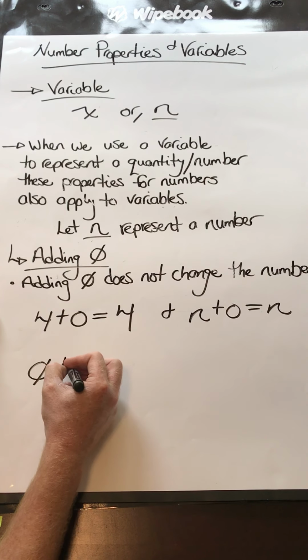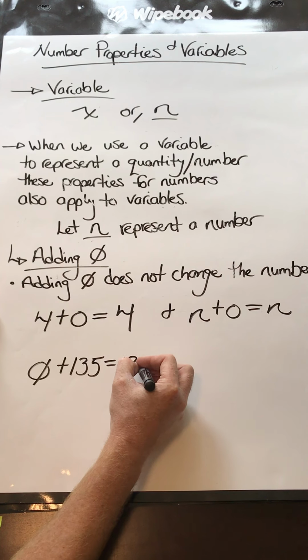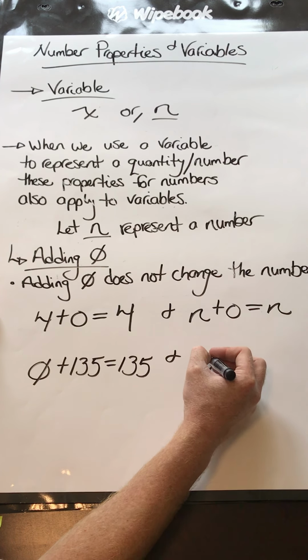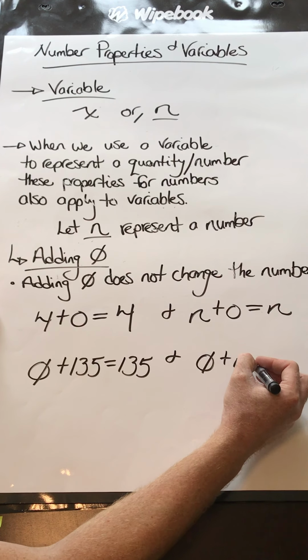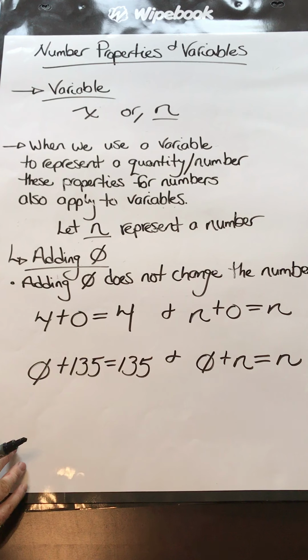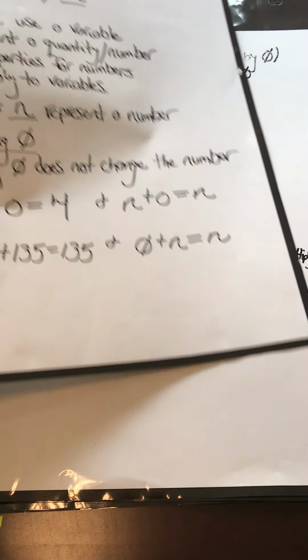If we had 0 plus 135, well, that's going to equal 135. And if we had 0 plus N, or a variable, well, that is still going to equal the variable. So adding 0 does not change the number or the variable.